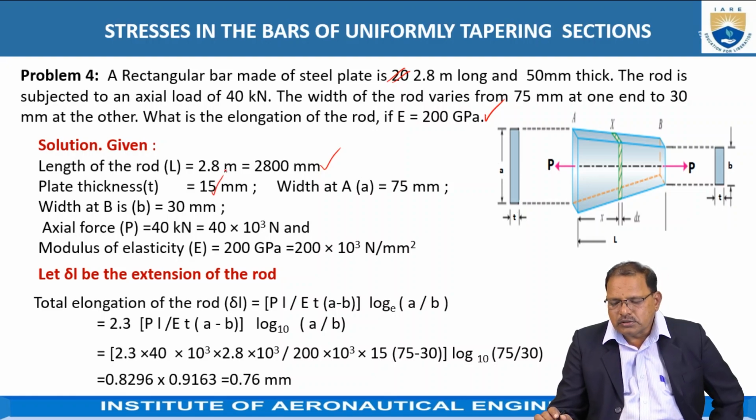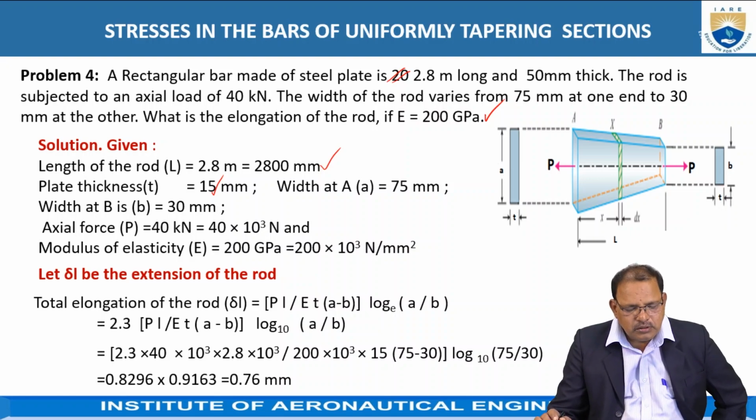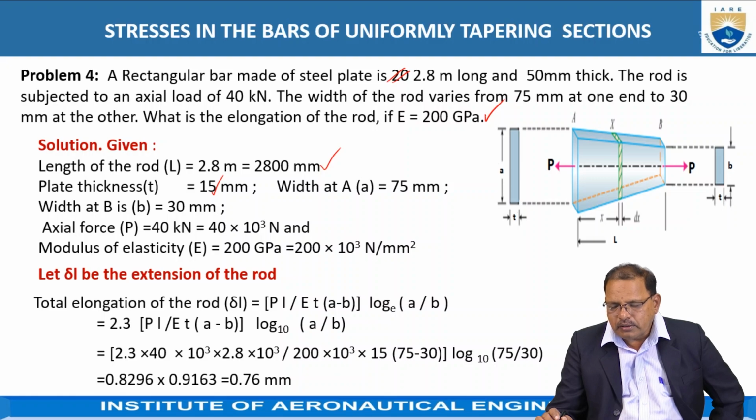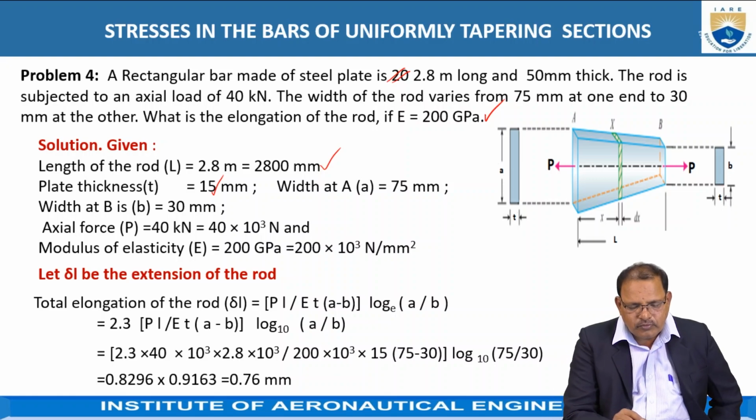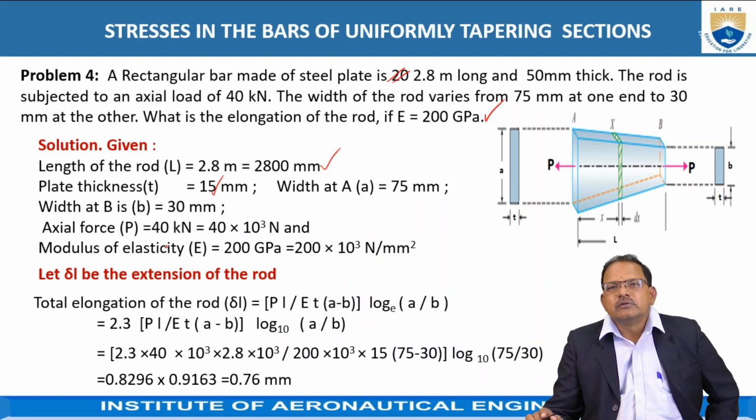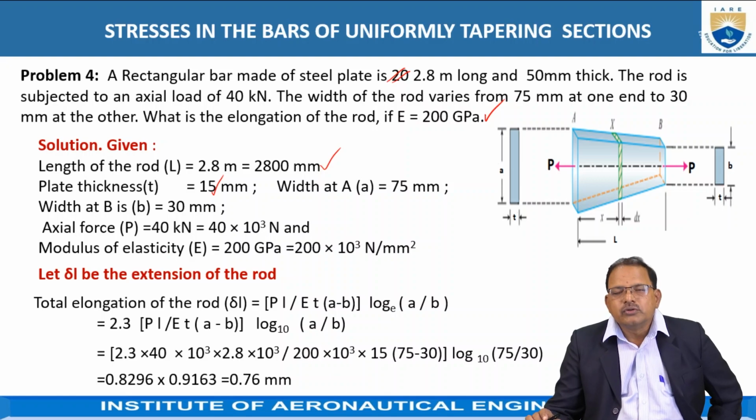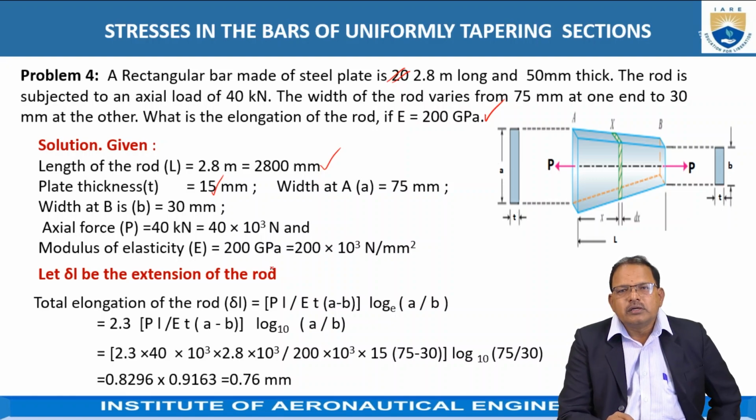Width at A is equal to 75 mm. Width at B is equal to 30 mm. The axial force P is equal to 40 kilonewtons, that means 40 into 10 to the power of 3 newtons. Modulus of elasticity is equal to 200 gigapascal, 200 into 10 to the power of 3 newton per mm square.